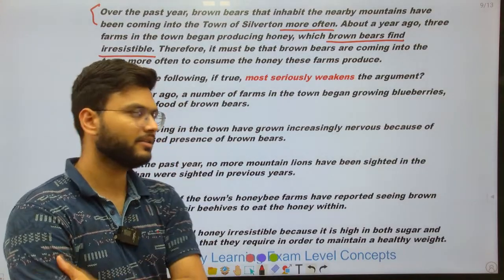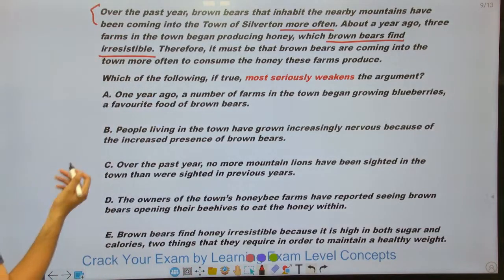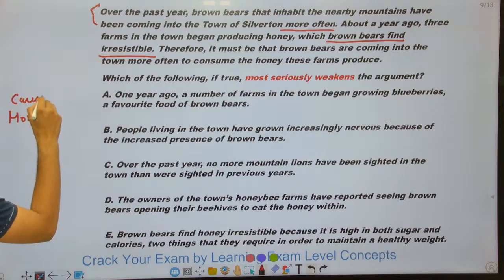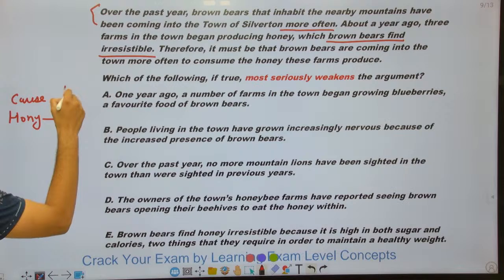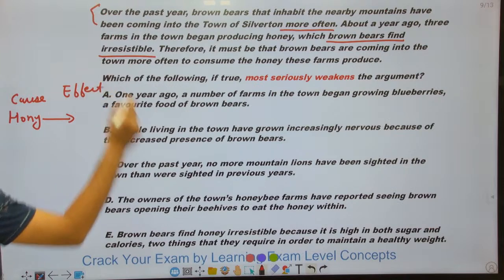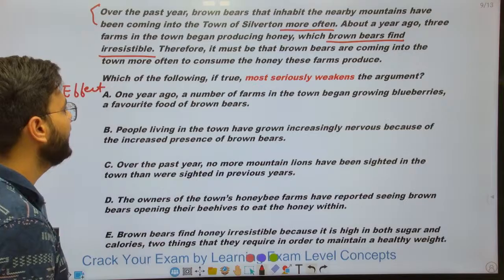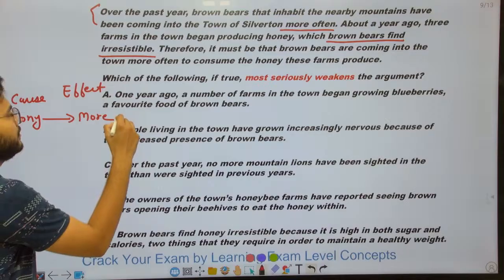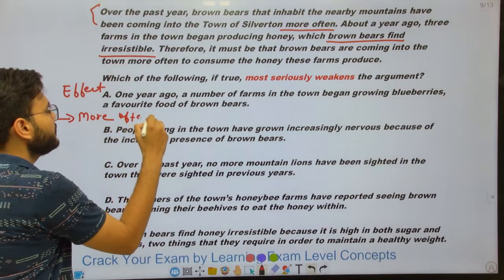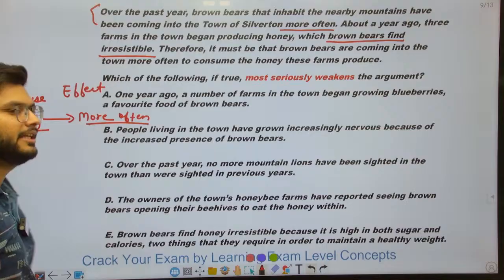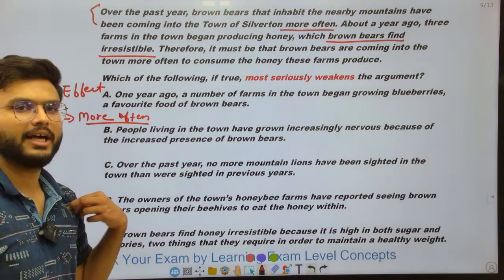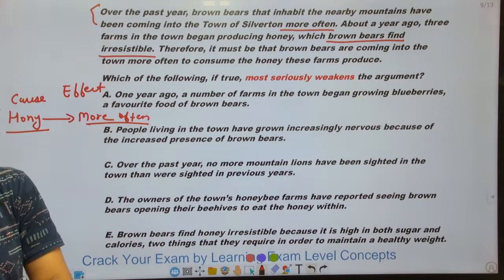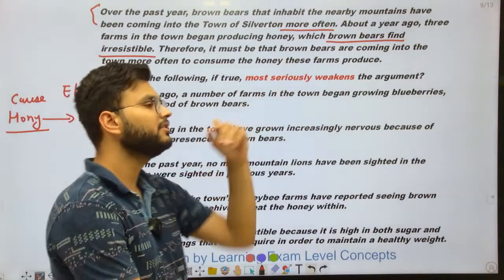Now what is happening? The author believes that honey is the cause and it has some effect. And what is the effect? That the brown bears come more often. So basically this is a cause and effect relationship: because of this honey, they are coming to the town more often. Now think about it. The question says weaken the argument.